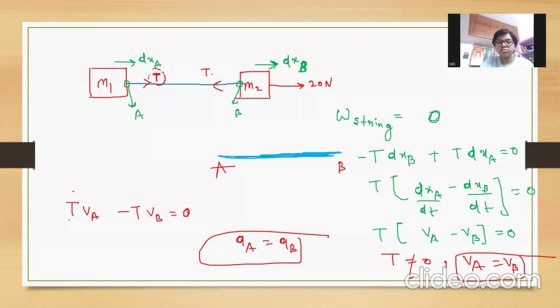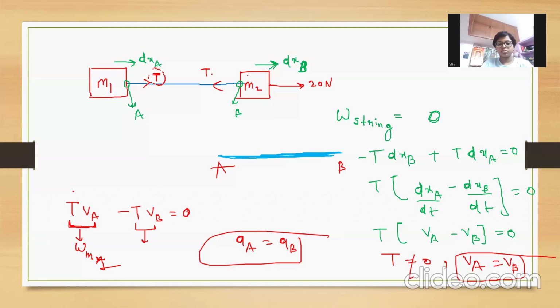It is work done by the string on block A, or we can say work done by the tension on M1 block. Sorry, you take M1. T into VB means what? Actually, it is work done by the string on M2.